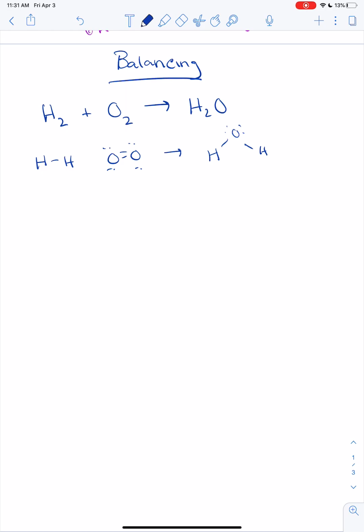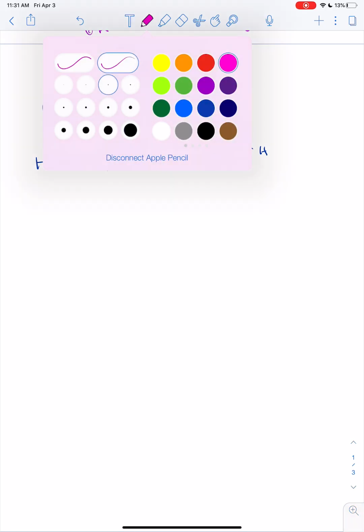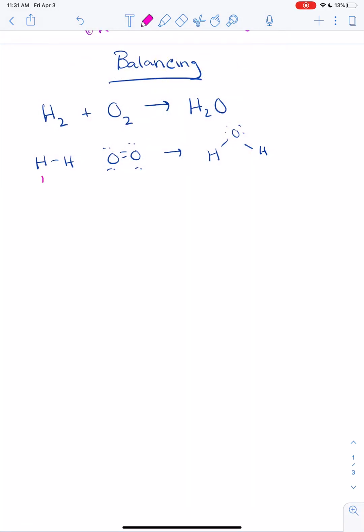And if you notice, we have 2 hydrogens, and we have 2 oxygens on this side. And by law of conservation of mass, it should be the same on the other side of the equation. And we have 2 hydrogens, so hydrogen is the same, but only 1 oxygen.